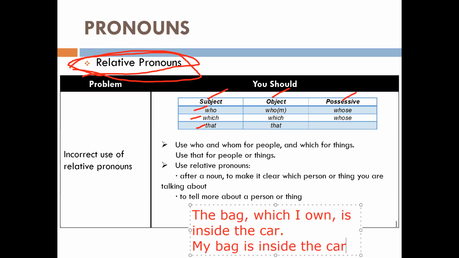Many people like to use which, who, and that. The problem is you have to understand where your essential clause is, and whether it is definite or indefinite. So you have to categorize. And you will be using a comma before and after the clause itself. But actually you can just say, my bag is inside the car.